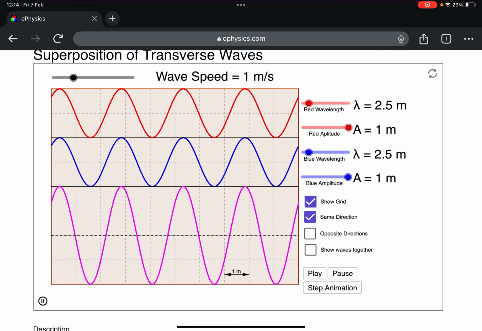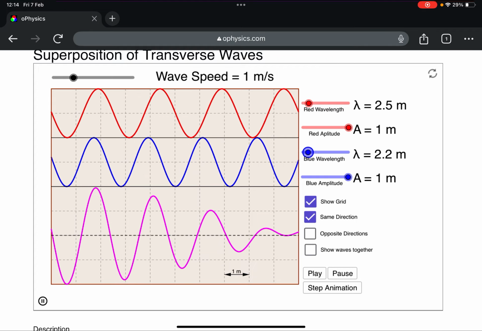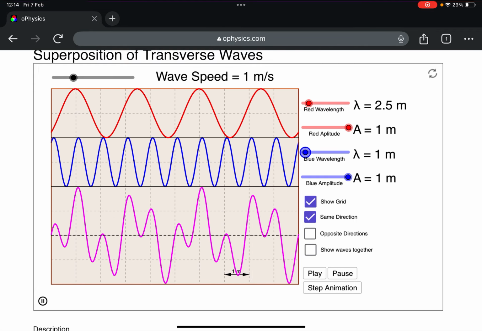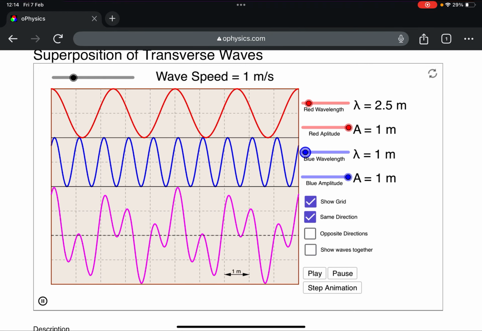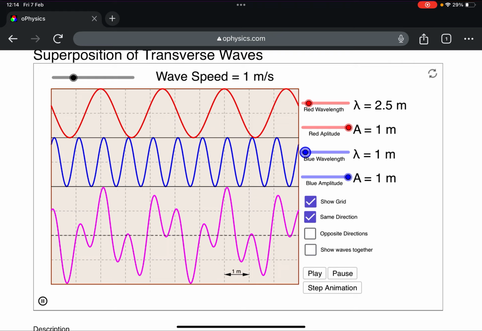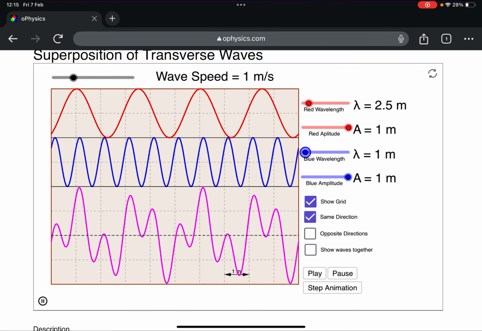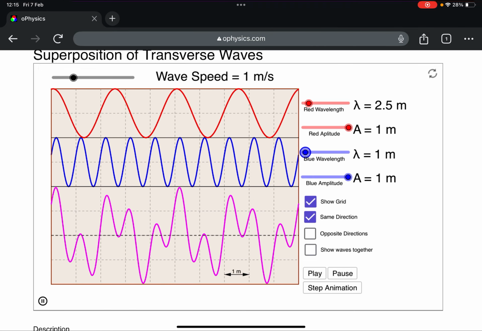If I now change the blue wave, there we go, it is no longer the same wavelength anymore. Now look at the resultant wave. That interference pattern is not what we call stable.